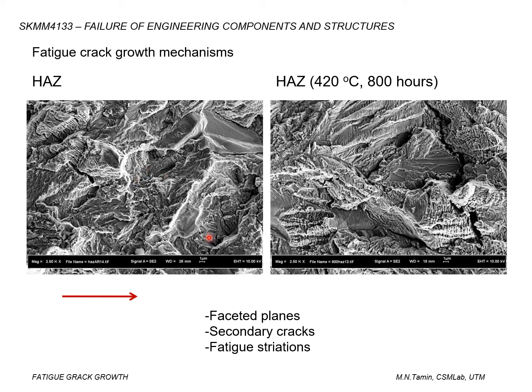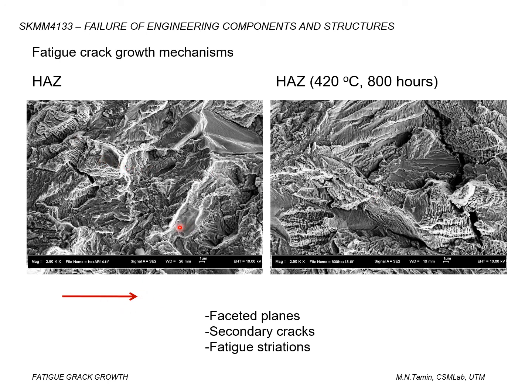There are three distinct features that we can see here. First are the faceted planes. These are planes that are more indicative of a brittle fracture, a very clean plane that we can see. This is the surface where the crack is propagating from left to right.